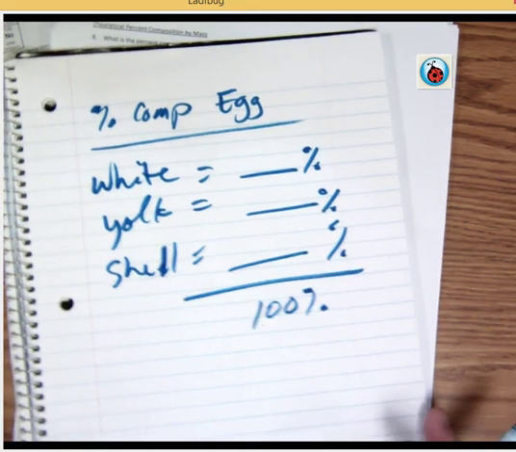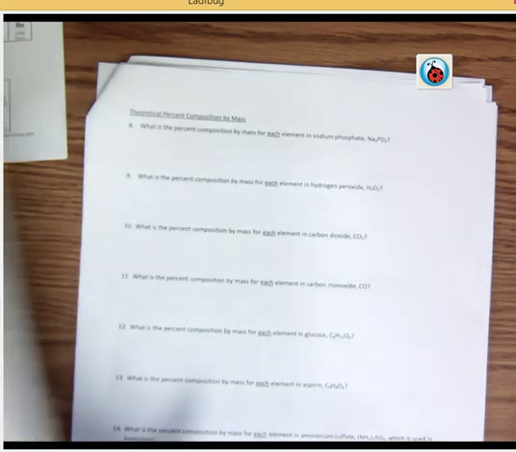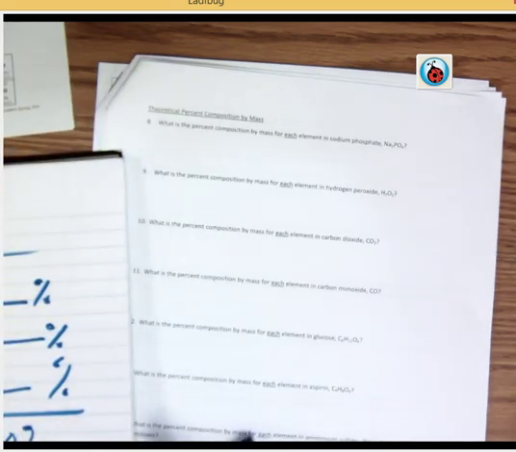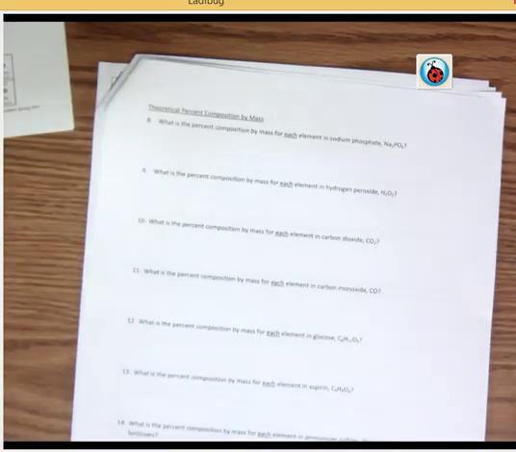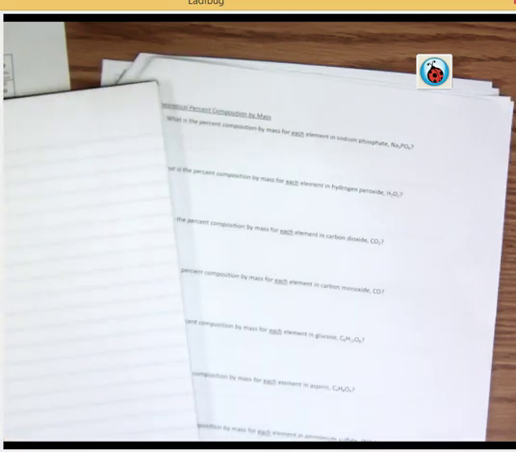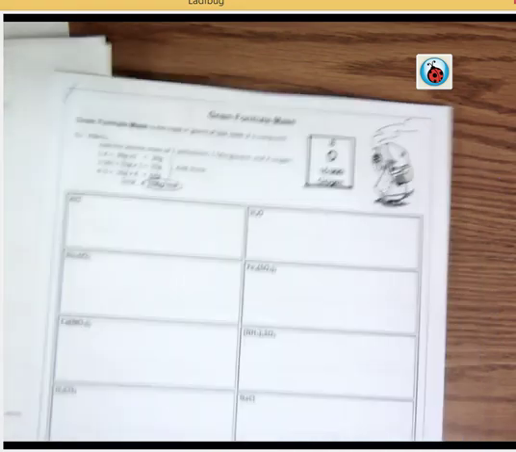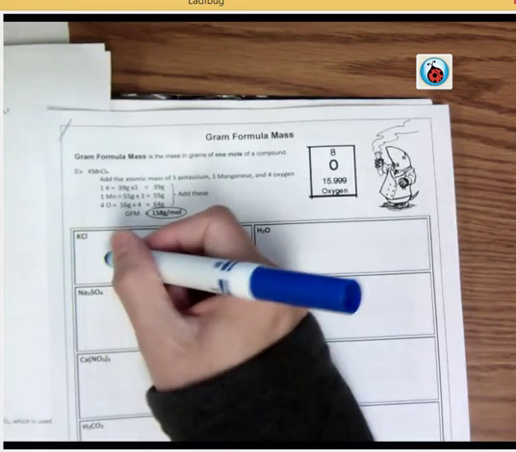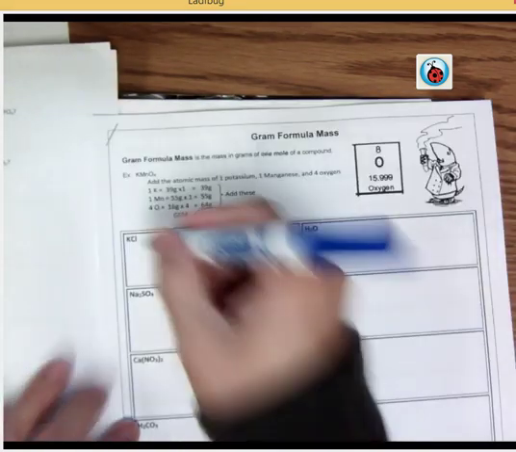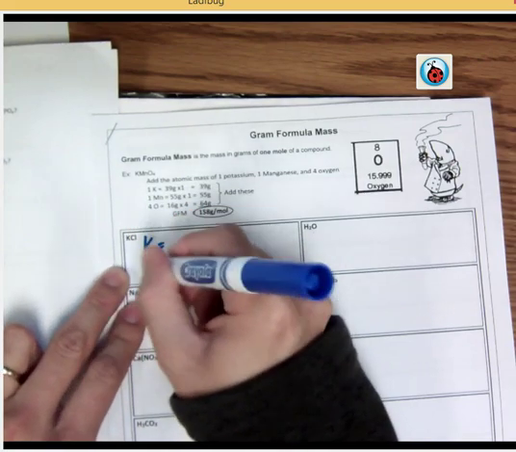Alright? So in chemistry, when we talk about percent composition, we talk about percent by mass. We've already done this from the last unit. What we did is we already found the mass of these things. For example, K, potassium, and then Cl there.